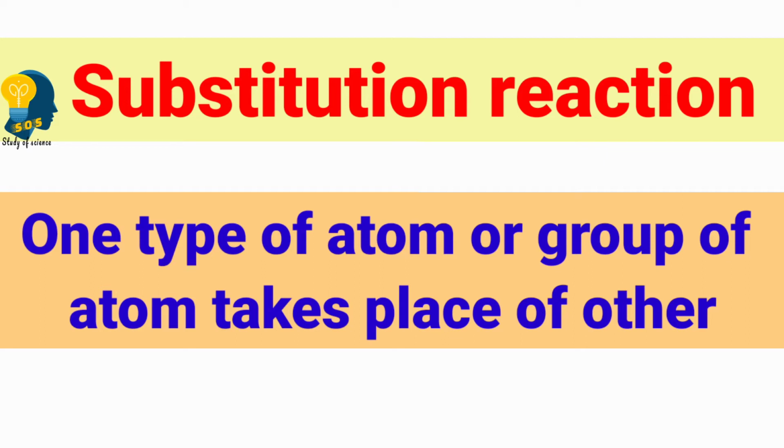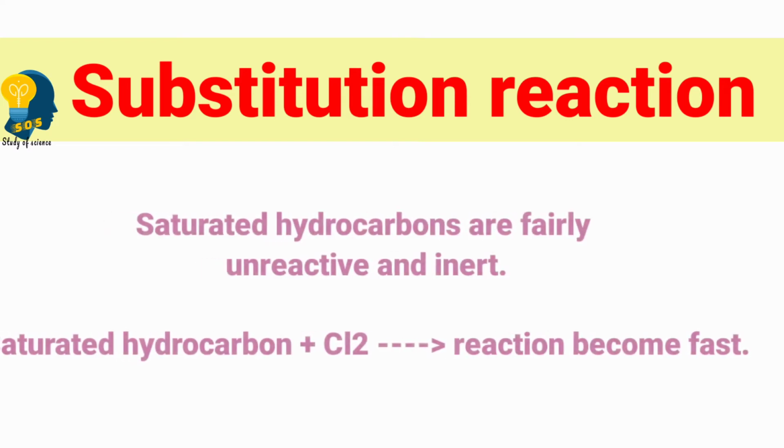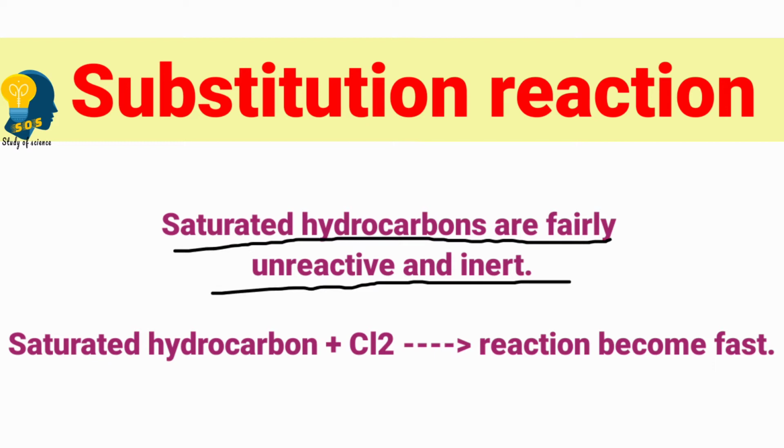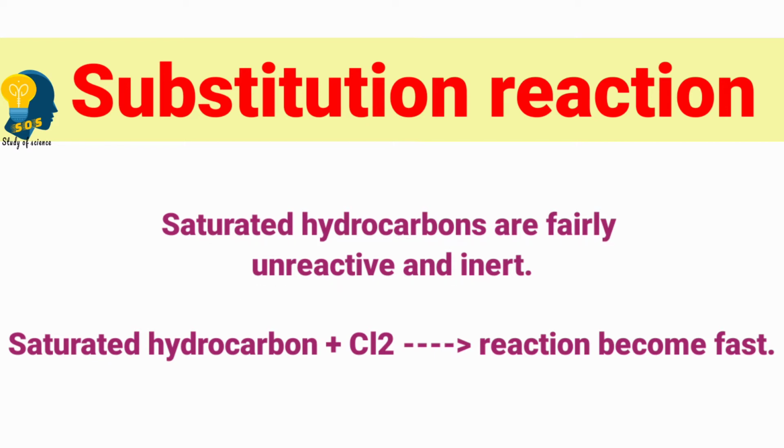Students, we know that saturated hydrocarbons are unreactive. We have studied saturated hydrocarbons and unsaturated hydrocarbons, where the saturated hydrocarbons are unreactive and inert. And we also know that they have single covalent bonds between them.